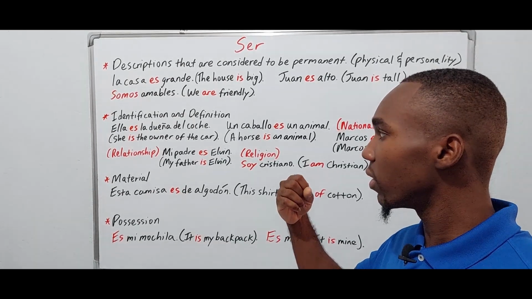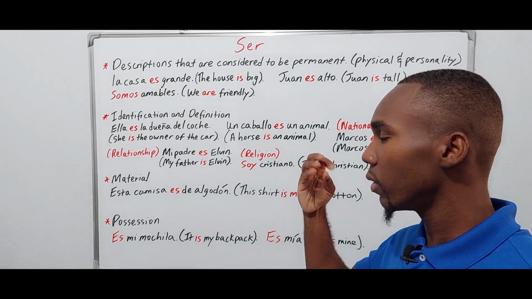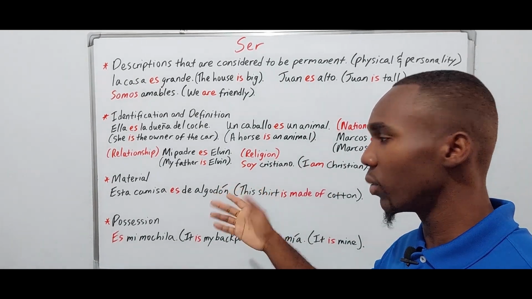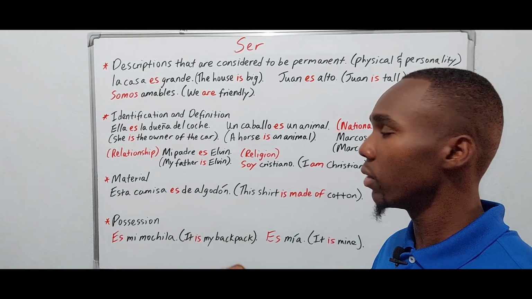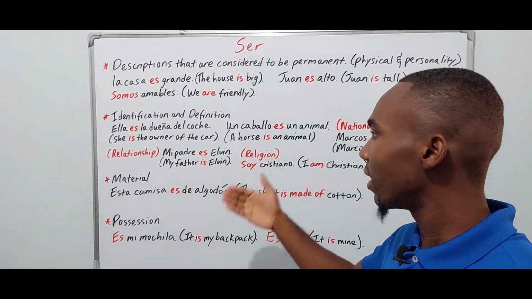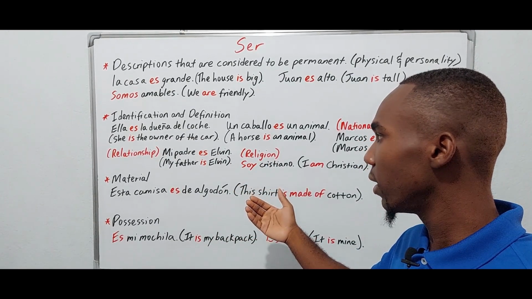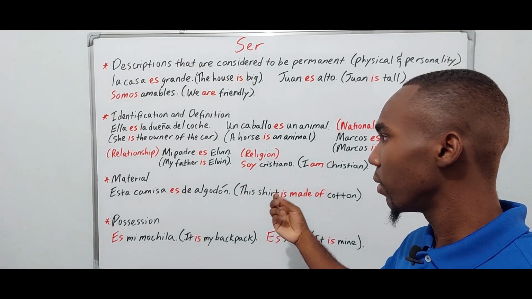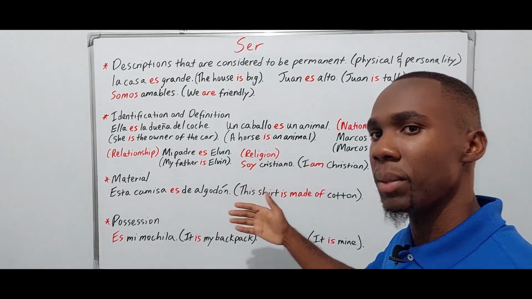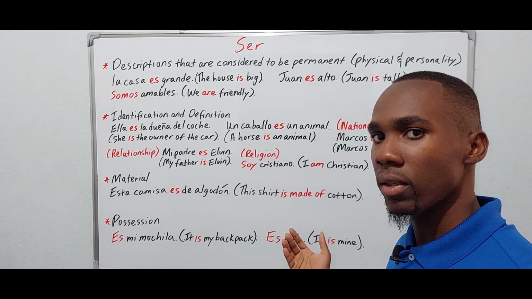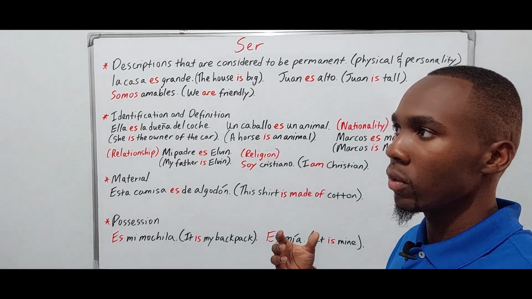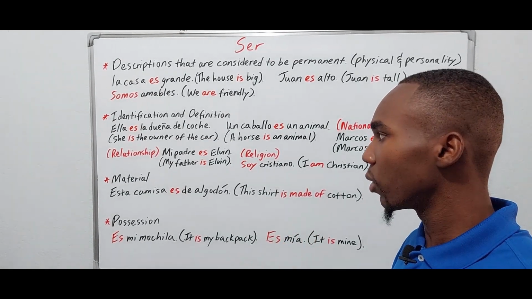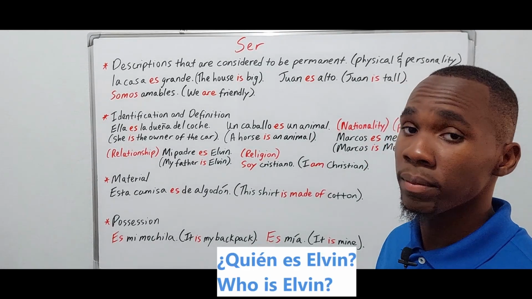If we also want to express relationships, which is another form of identification. Mi padre es Elvin, right? My father is Elvin. Or Elvin es mi padre, right? Elvin is my father. So that could have come from a possible question of ¿Quién es Elvin?